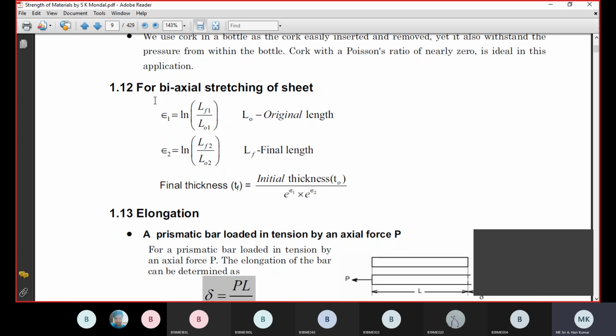So it's a little complicated, but that's why no derivation has been given for this. Just try to remember when we have to deal with the strains of a biaxial stretching of a sheet where the thickness is very low. There the stretching becomes huge.